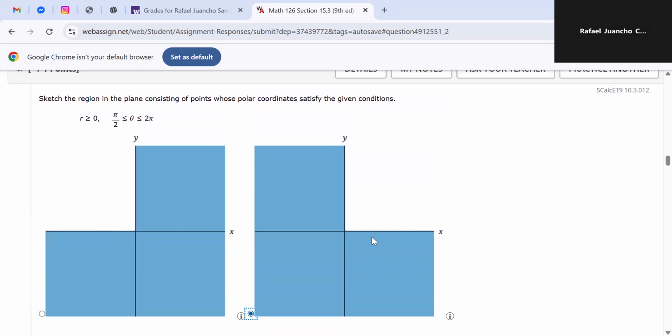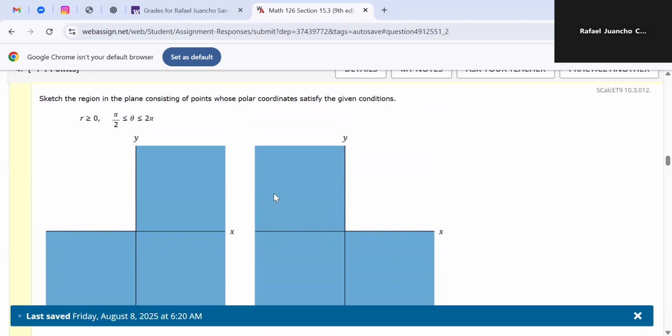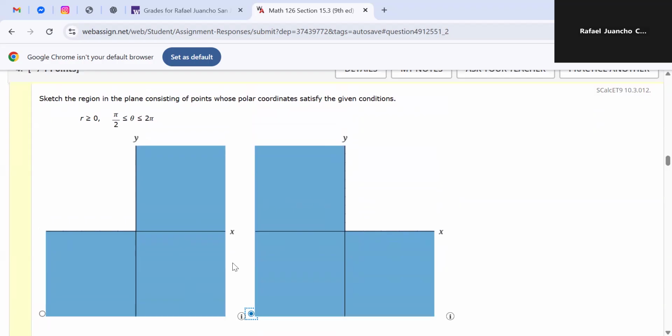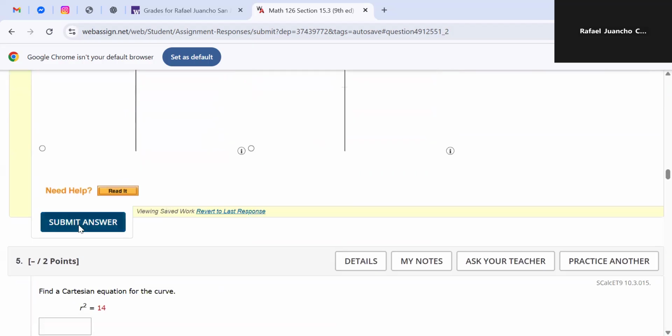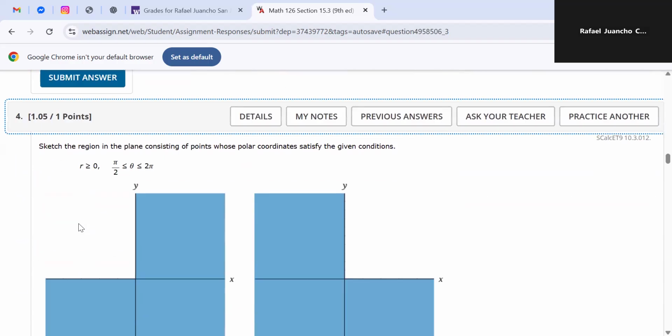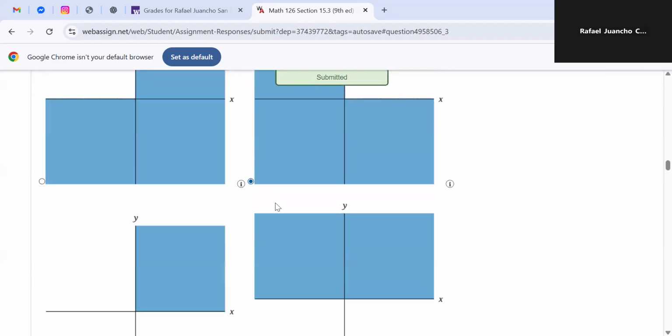It covers that angle. Angle wise, it's covered from pi half to 2 pi. My r, however, I think it covers, because I have an infinite radius, basically. So these ones are all covered. Let me try. Not super confident, but okay. Nice, got it.